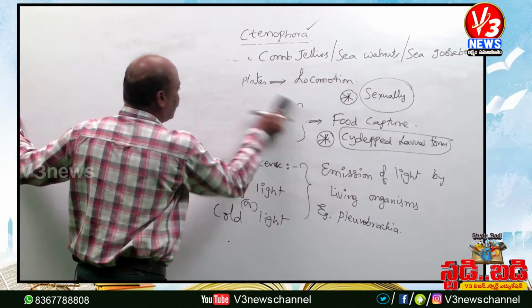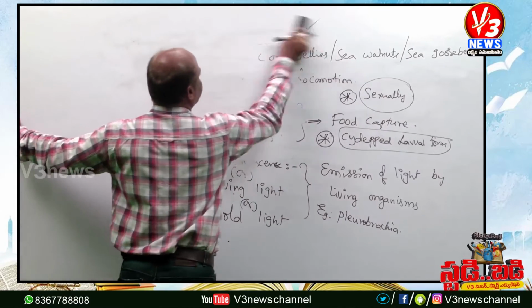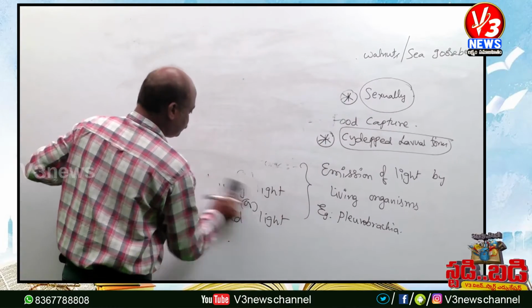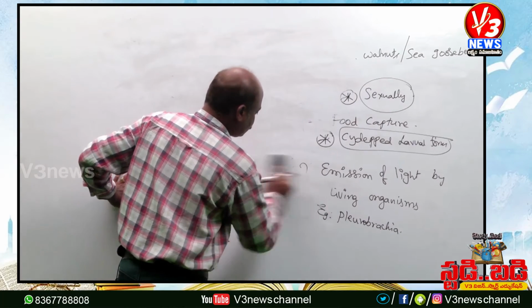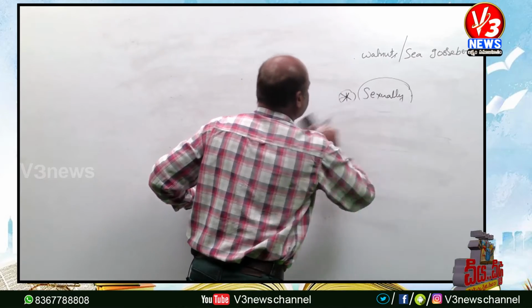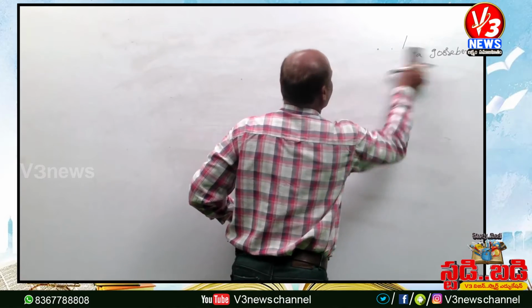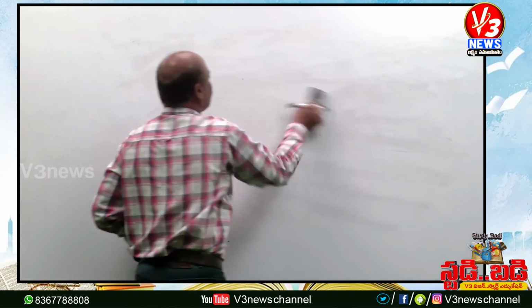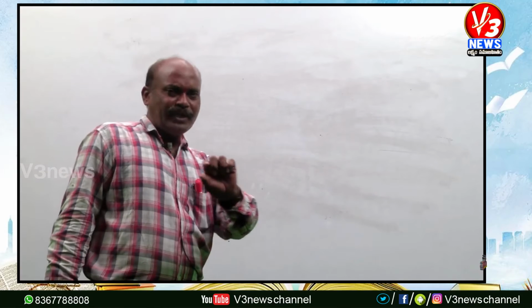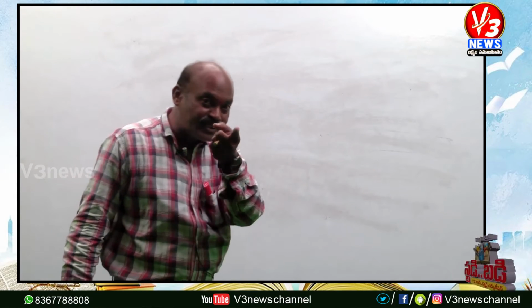So next phylum is Platyhelminthes. Yes, my dear students, about the Platyhelminthes phylum, we can learn some peculiar characters. Starting from this phylum, Platyhelminthes, to Echinodermata, all these characters come in somewhat different ways.